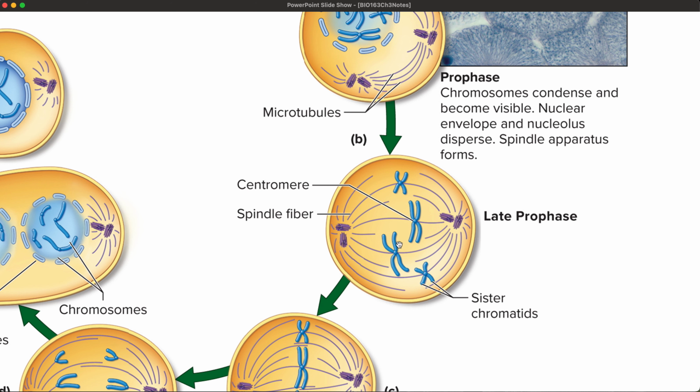We get into anaphase, where those chromatids are being pulled apart. You see the centromere is attached to that spindle fiber, and it's being drawn towards each side. And then in telophase, you can see the nuclear envelope starting to reform and the spindle fibers starting to retract.